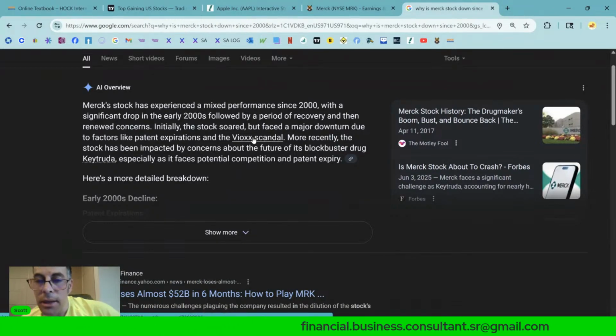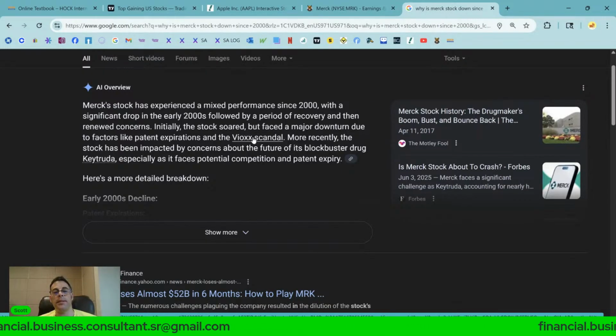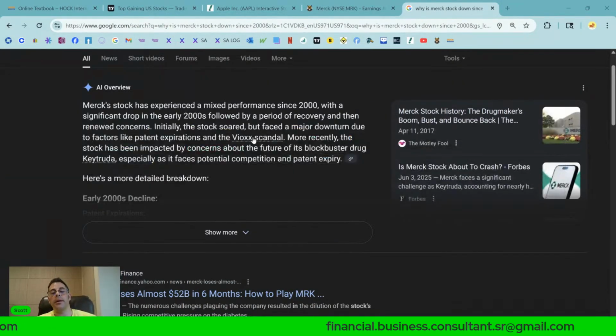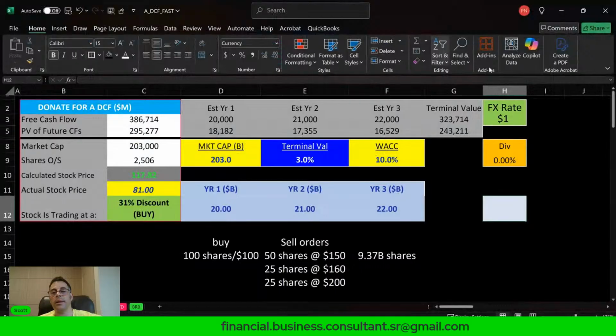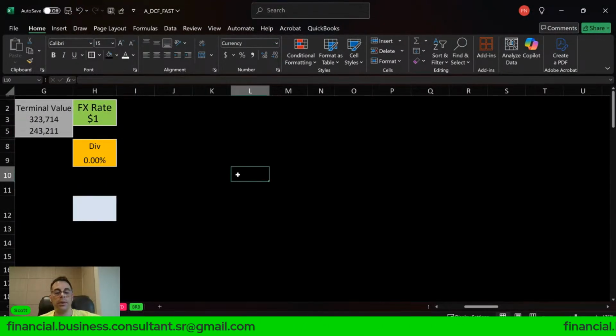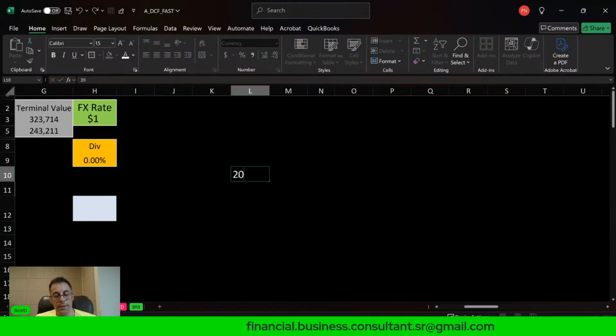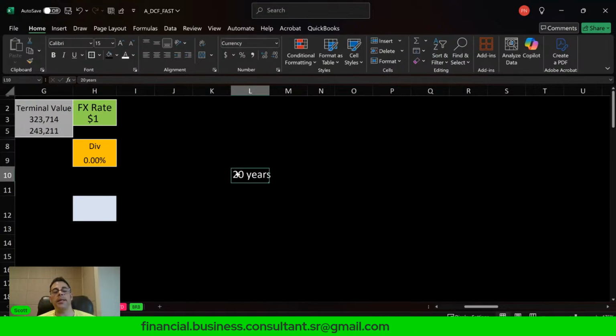So that's the two big things with these types of companies, medical companies: patents expiring. Lots of companies have a kind of lock on a product. If they have a patent, they have 20 years to sell the product, so nobody else can touch it.